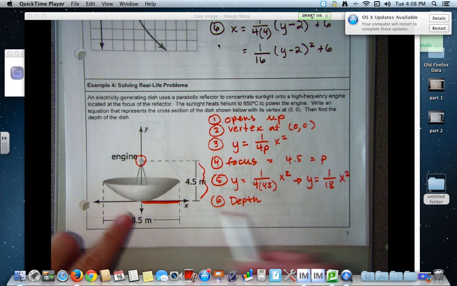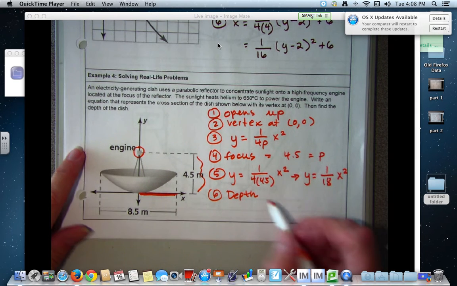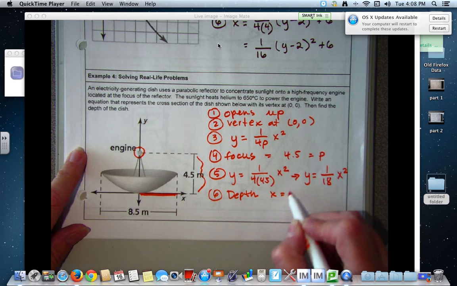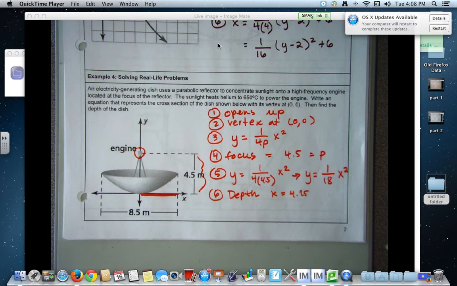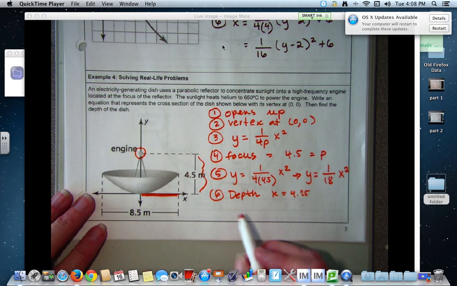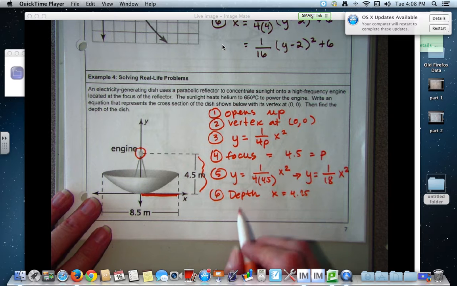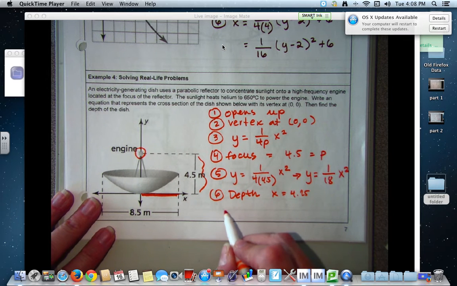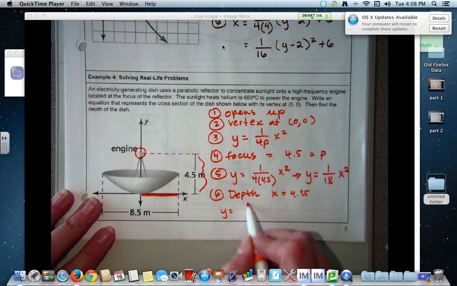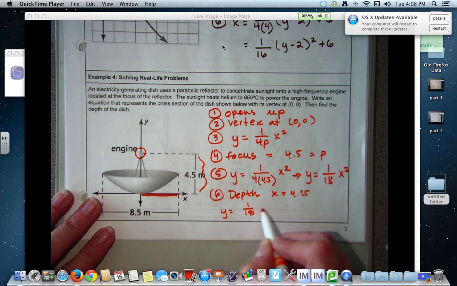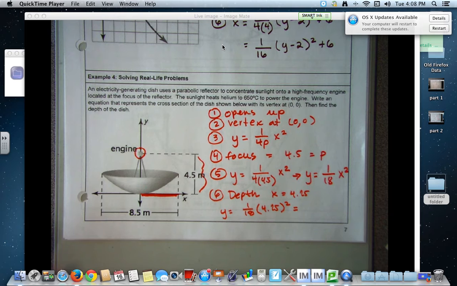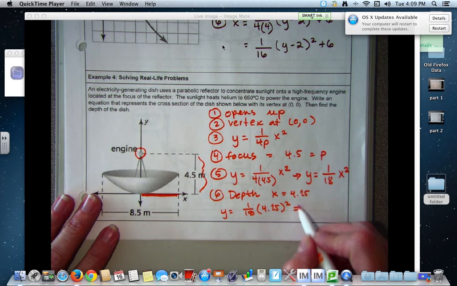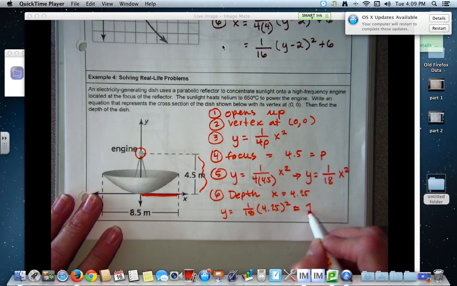And if we look at that value, 4.25, because it's half of 8.5, we can substitute that value into our equation. So we have y equals 1 over 18 times 4.25 squared. And that will give us approximately 1 meter.